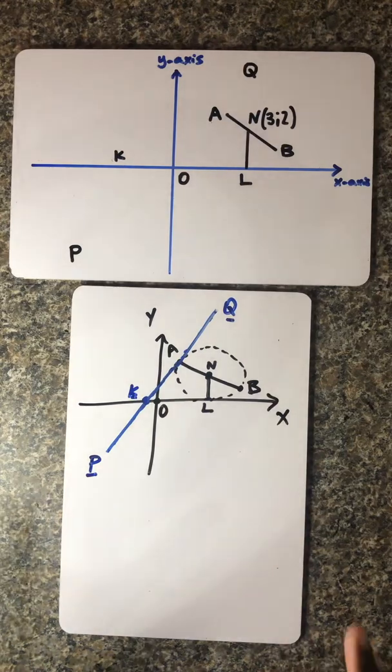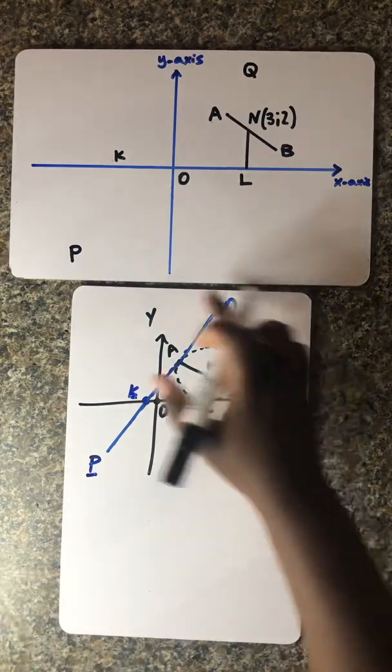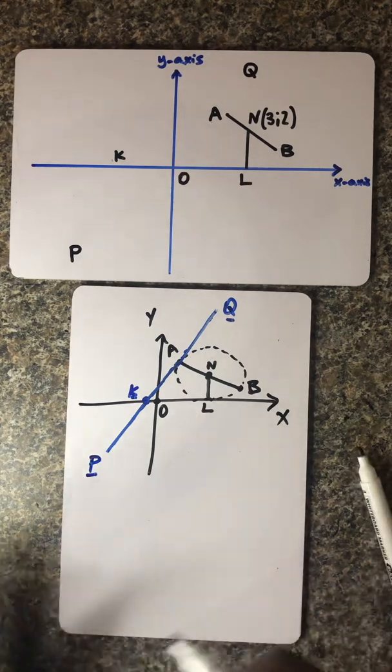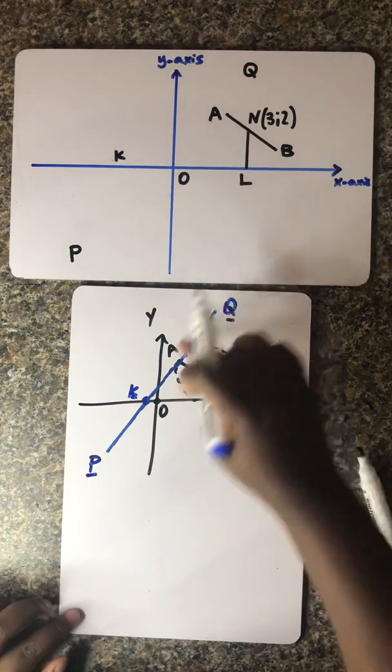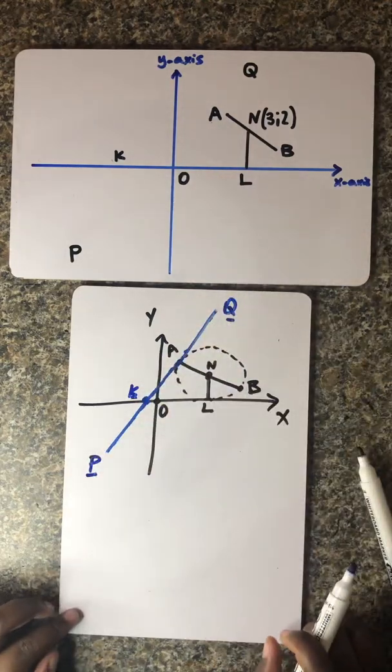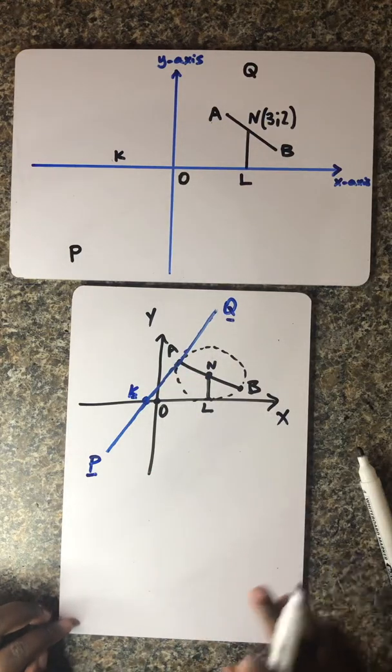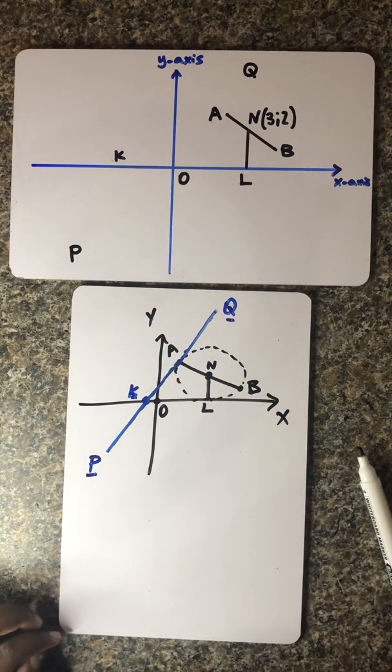Guys, please quickly draw this if you've got something to write, because I think from time to time we might need to refer to this diagram. Okay, while I write the equation of that line PQ, please quickly draw this information. Otherwise, if you don't finish on time, do not worry that much.